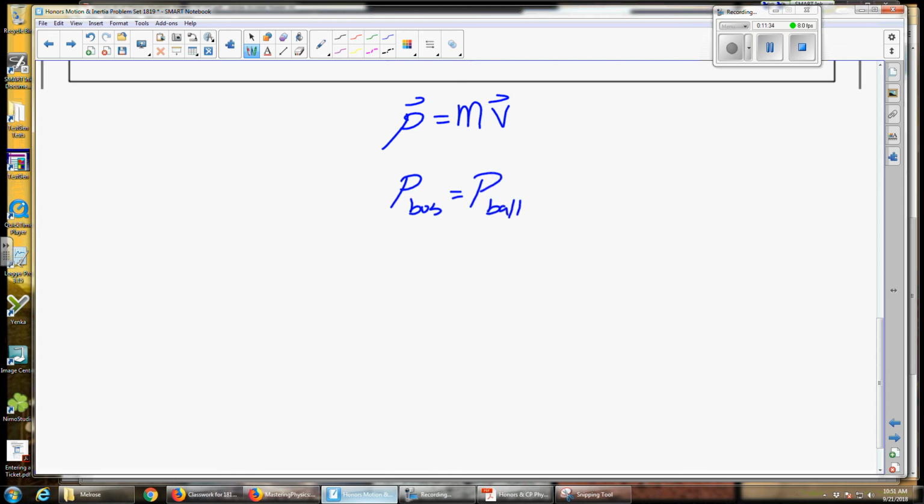And I dropped my vector signs because, as we said in our y, we don't care about the directions, just the magnitude. So here I have the mass of the bus times the speed of the bus equals the mass of the ball times the speed of the ball.